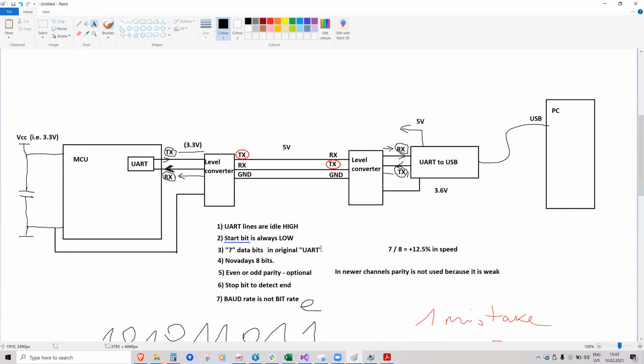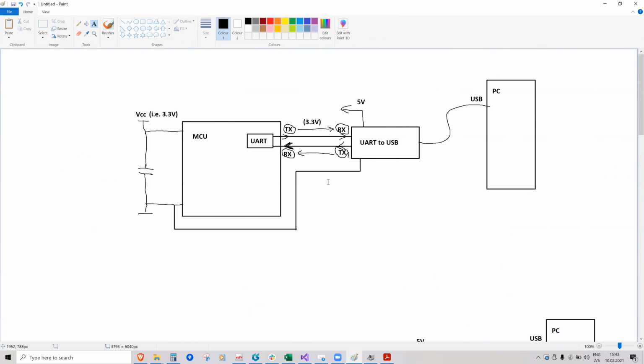Now I will mention some special cases that have derived from UART. UART is a very good communication channel, and it's still used almost everywhere because it's really simple and microcontrollers support it. In microcontrollers, you first configure UART with the speed, and you have to set the microcontroller's UART speed the same as the other end's UART speed, which is documented in the datasheet.